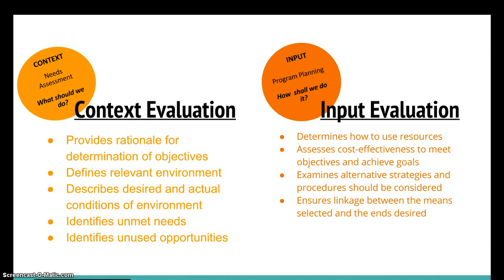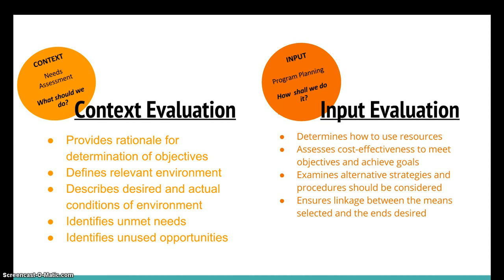This model allows the evaluator to focus on four distinct yet related activities. One of the strong points of this model is its ability to fit any situation. So depending on the circumstance, evaluation of each area can be conducted individually, sequentially, or in parallel. Let's take a moment to look in greater detail at the purpose of each of the four areas. The purpose of the context evaluation area is to set objectives and determine needs.